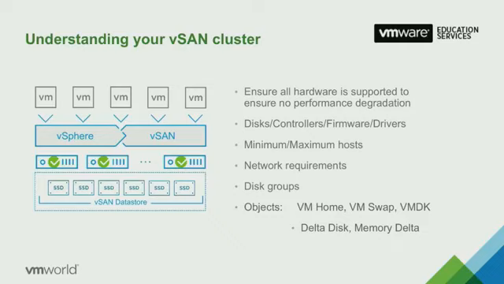Okay? So you can say, I have a virtual machine, and let's say it has an Exchange database or whatever it is, right? And I want to have optimal performance for that VMDK. You can set a policy especially for that VMDK. It's the same for your home directory.